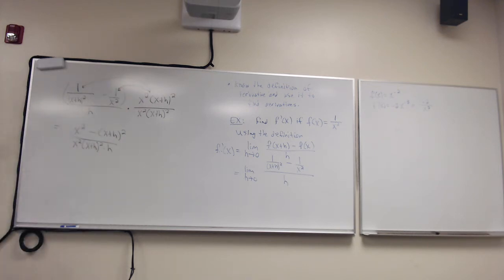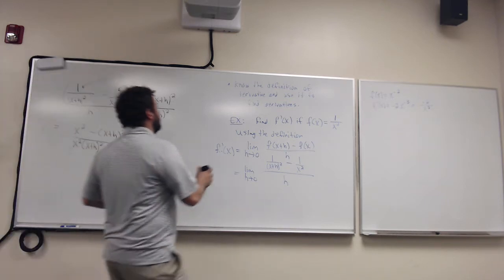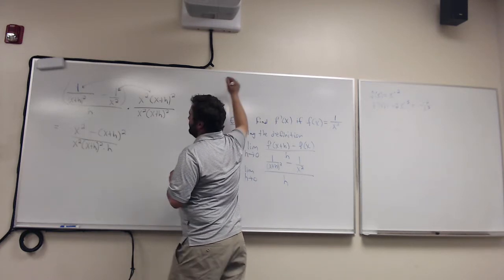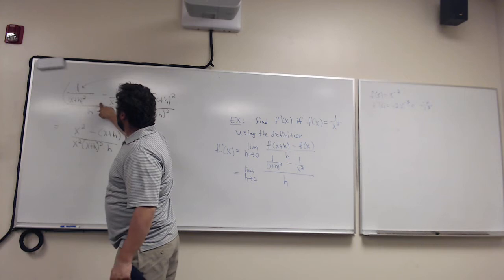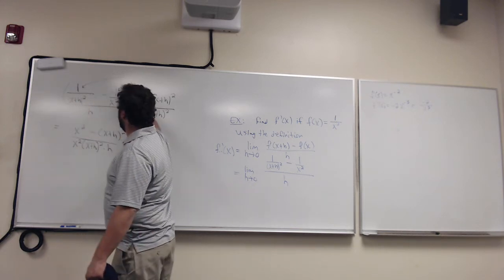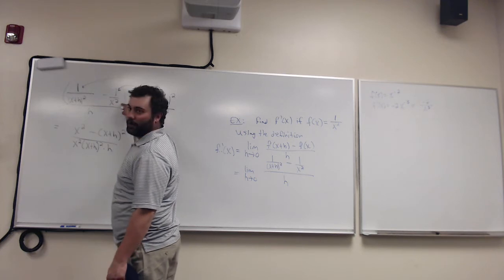If you do the common denominator route, I'm just going to show you that you get the same thing, if I can do this quick. So say I do common denominators. This way I'd multiply this fraction by x squared over x squared, and I'd multiply this fraction by x plus h squared over x plus h squared.